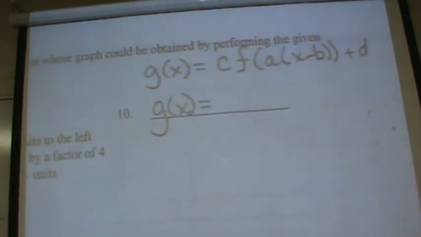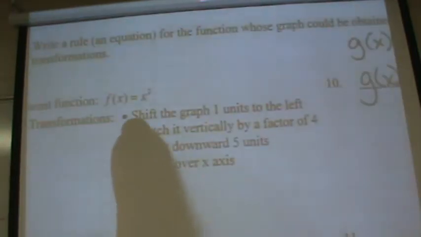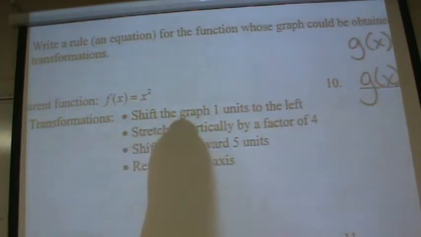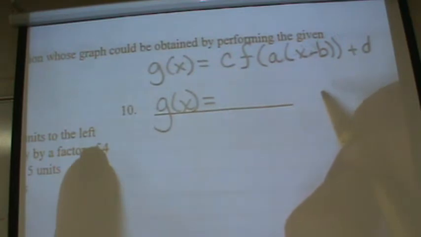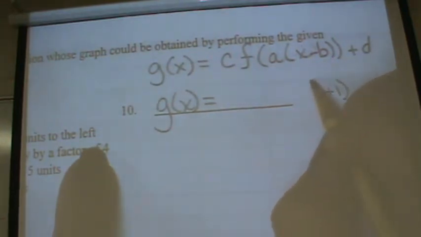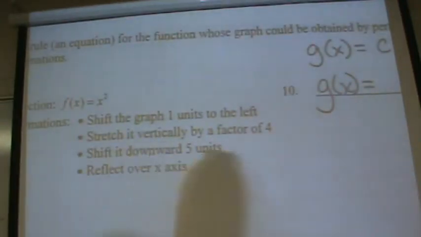So let's read it. The first bullet here says shift the graph 1 unit to the left. What's this going to be? X plus, that's going to move it 1 unit left. Stretch it vertically by a factor of 4. The vertical stretching goes where?